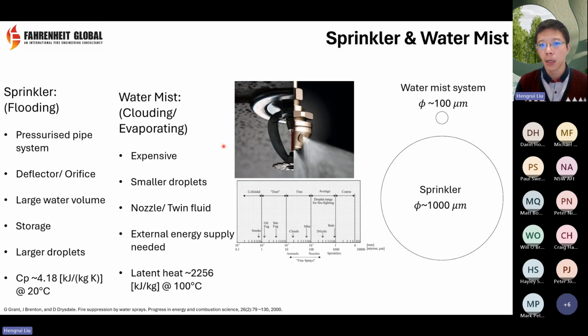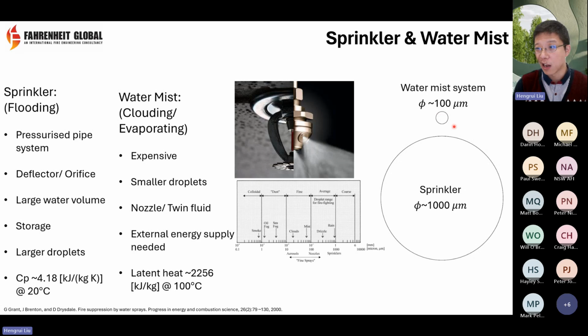The most significant difference between the sprinkler system and the water mist system is their droplet size. On the right-hand side you can see I've made a comparison. The average water droplet from a sprinkler system is around 1,000 micrometers, but on the contrary, a typical droplet from the water mist system is just around 100 micrometers.